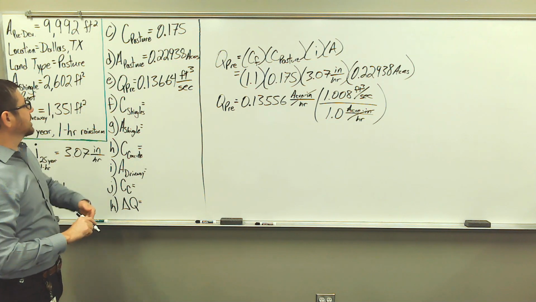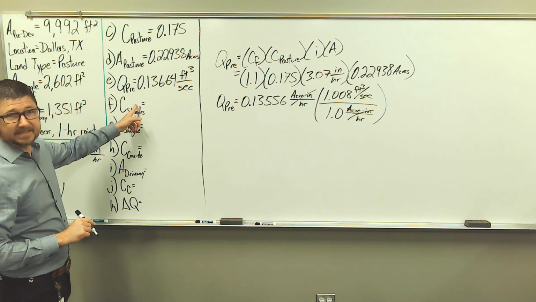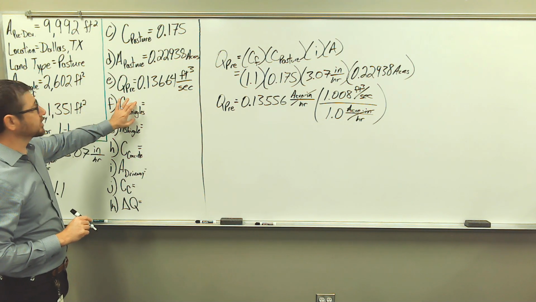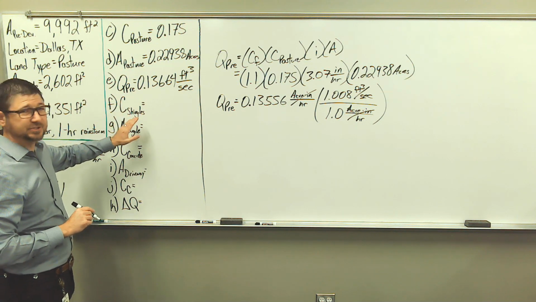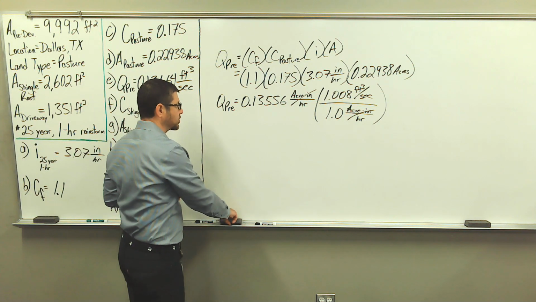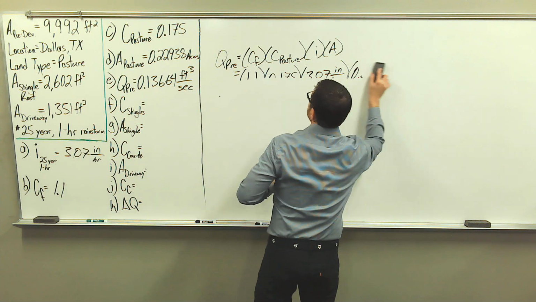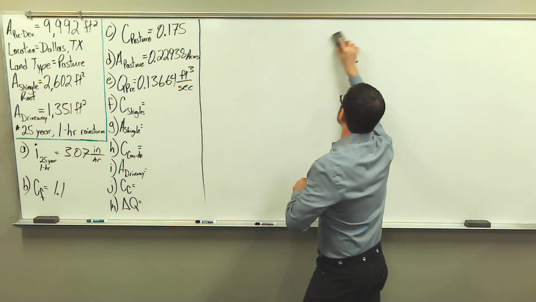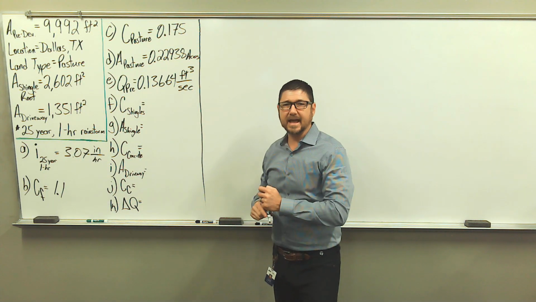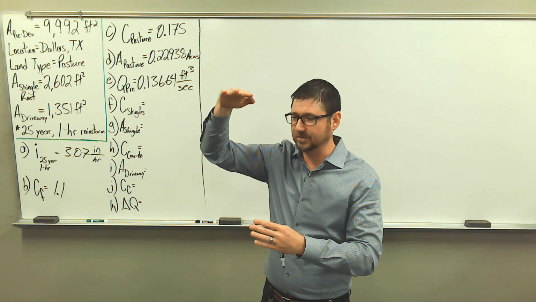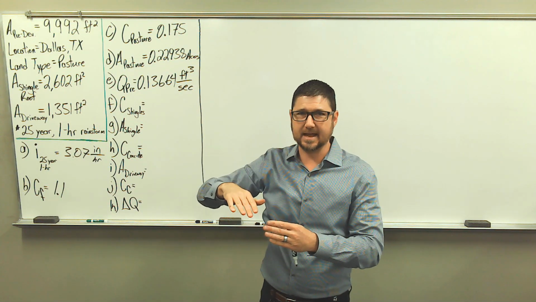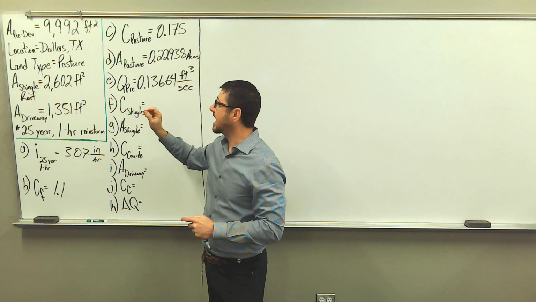Next, now we need to identify the runoff coefficient for the shingle surface. Okay, so this is going to be post-development. For post-development, we're going to have two surfaces that the rain is going to contact, besides our pasture.